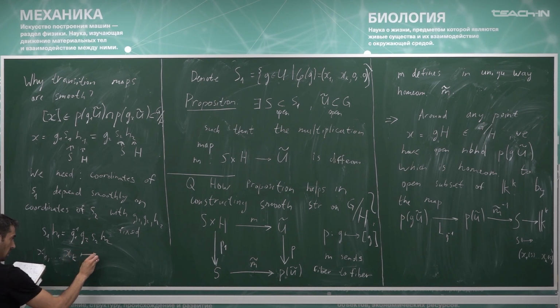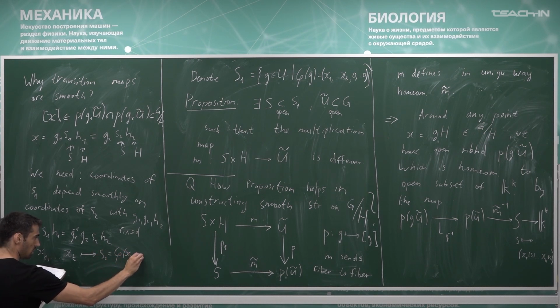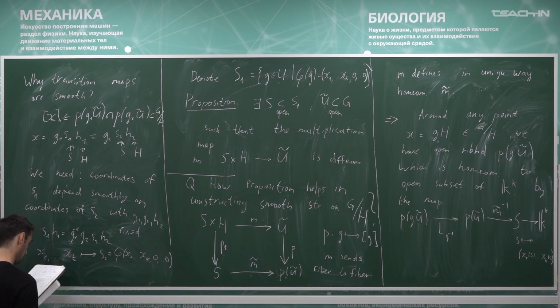Then out of them I make S2, which is phi of X1 through xk, then zeros. Then out of that I make G1 inverse G2 S2 H2. Then I apply M tilde inverse.